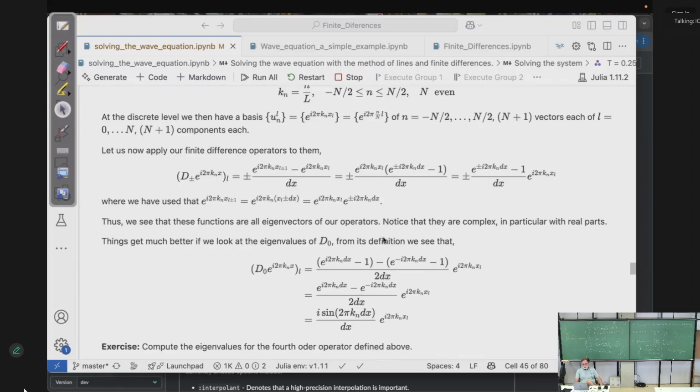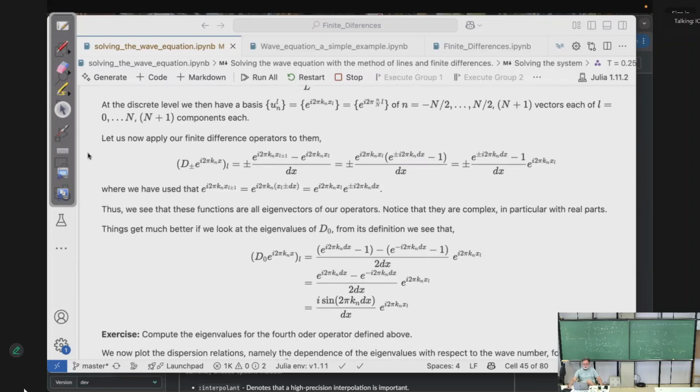So we do the same calculation as the other day. We say, okay, D plus and D minus applied to this at the point l gives this, which has l plus 1 here and x_l here, and you factor this factor. So this is the eigenvector, and the eigenvalue comes from here and is this one.